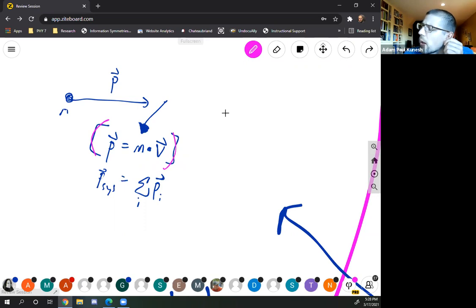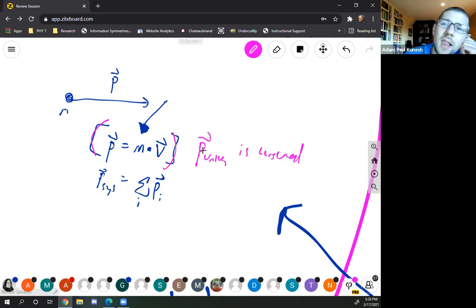Okay, the reason we care about momentum is that the total momentum of the universe is conserved. As elements of a system exchange momentum with one another through collisions or forces or whatever, the total momentum of the entire universe is conserved.